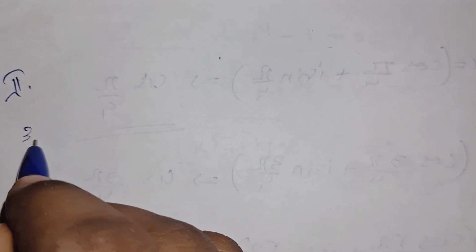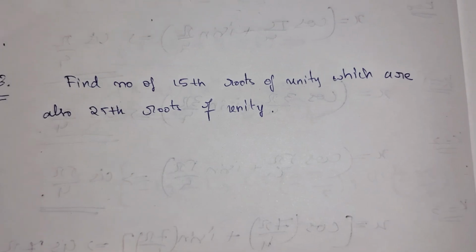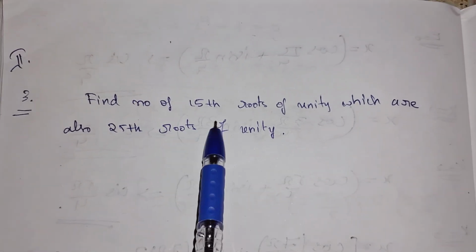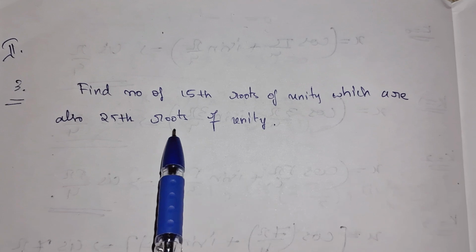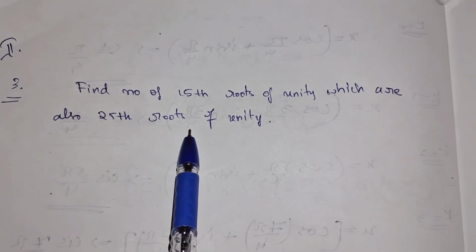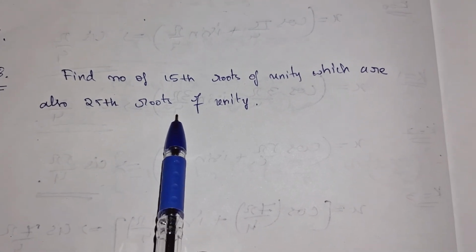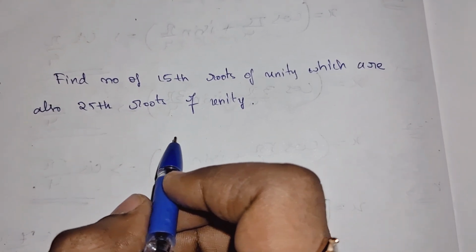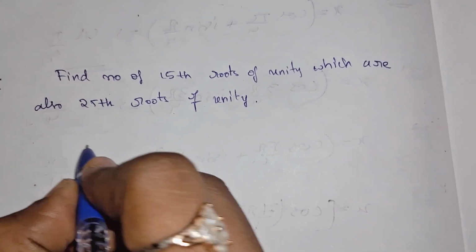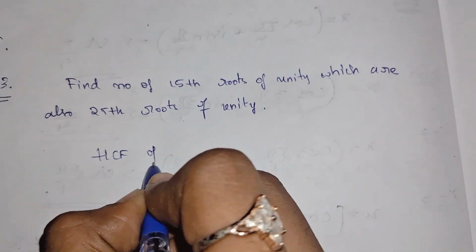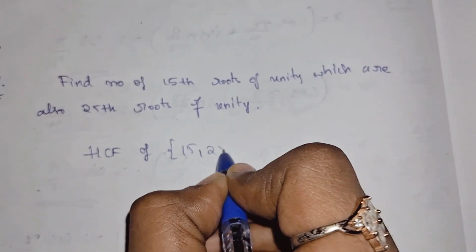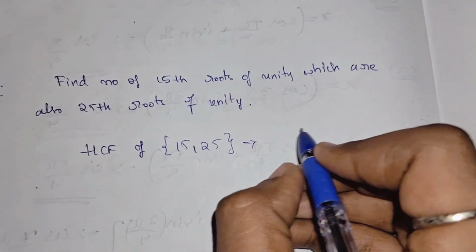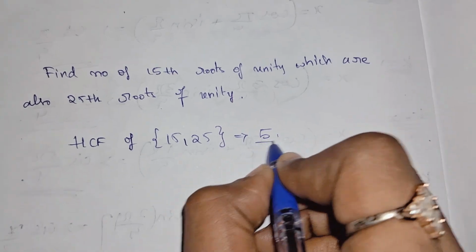Roman 2, third question. Given that we should find the number of 15th roots of unity which are also the 25th roots of unity. For this, first write the HCF of 15 and 25. It's exactly 5.